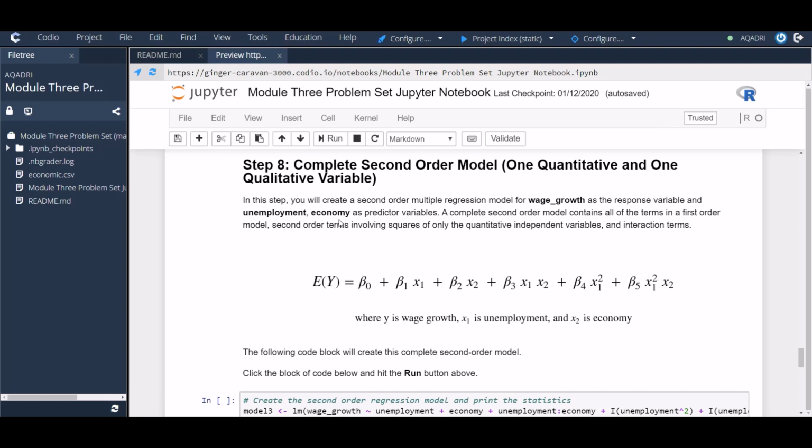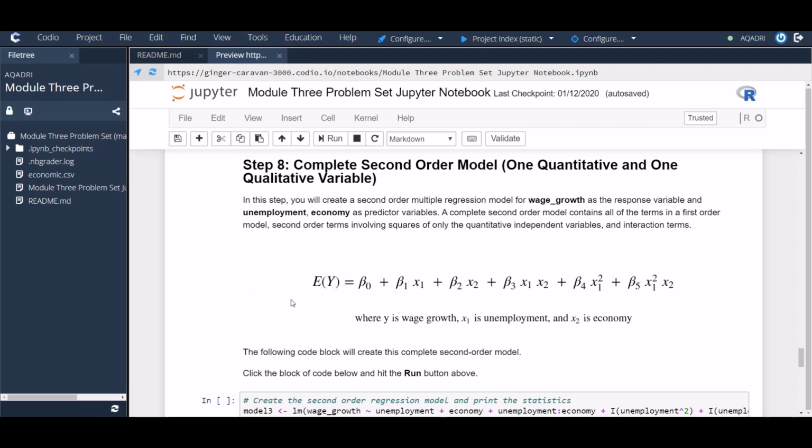When you have a qualitative predictor and you're creating a complete second order model, you would include this extra term, and you would not include the x2 squared term. And that's pretty much it.